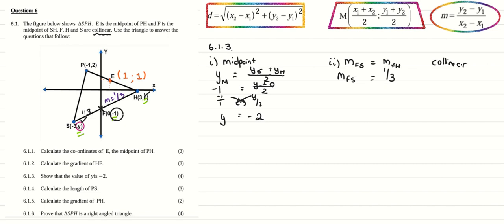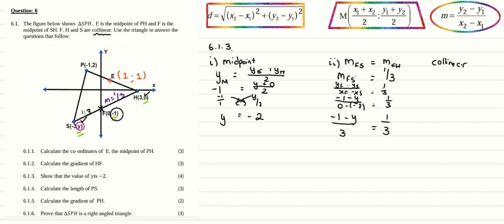And now we just have to substitute by saying yF minus yS over xF minus xS equal to a third, and from here we will solve, which I will do quickly. So I've just gone and filled in the values. So now we have minus 1 minus y over 3 equal to 1 over 3.